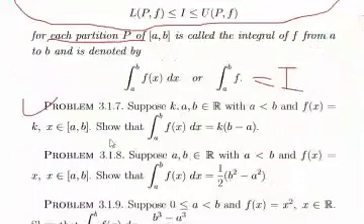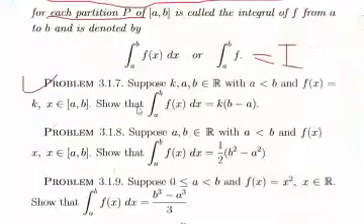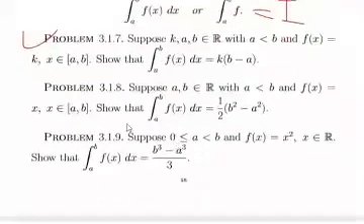I think you remember we have completed this first problem. If the function is a constant over this closed interval, we showed that the integral of f over this interval is this one. Now I'm going to discuss the second one.